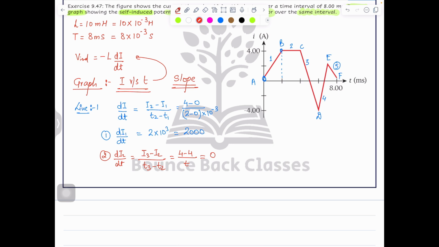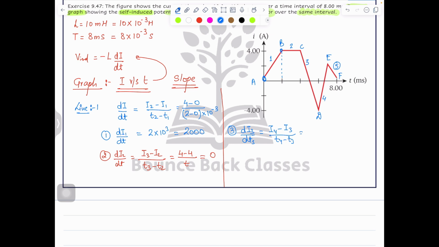Similarly, I have to solve lines 3, 4 and 5. Guys, now you need to try yourself. Till then, I'm solving here. For line 3, di3 over dt3 is equal to I4 minus I3 over T4 minus T3.